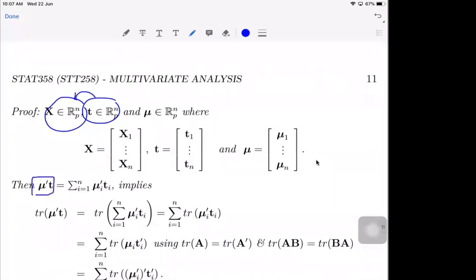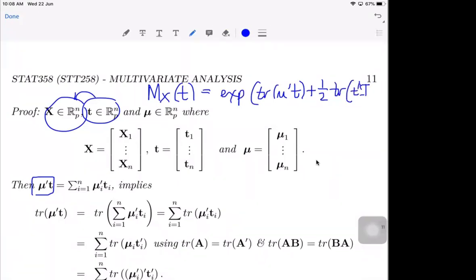So recall, pag moment generating function gani, multivariate, trace mu hat mu prime t plus 1/2 trace of t prime psi, pero I na lang atong psi, t, and then sigma. So mo boil down ni siya og t prime psi t lang, no? Kaya pwede na nimo ibutang in between. Okay. So we look at this. We find the trace.